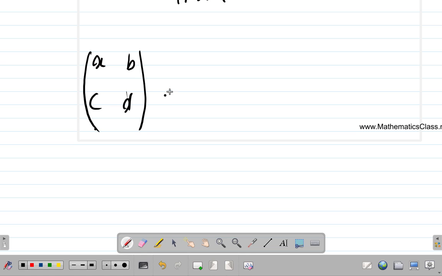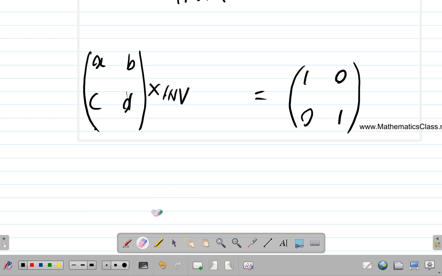So, you multiply this by the inverse. What you get is 1, 0, 0, 1. All right.